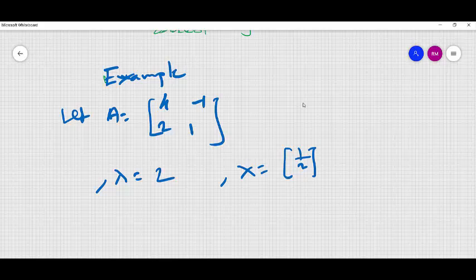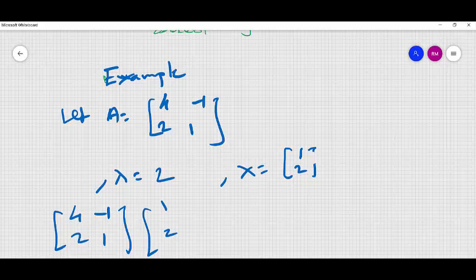Don't worry about this, I am just taking this. This is [[4, -1], [2, 1]] and this is the vector [1, 2]. I am writing the x vector neatly.